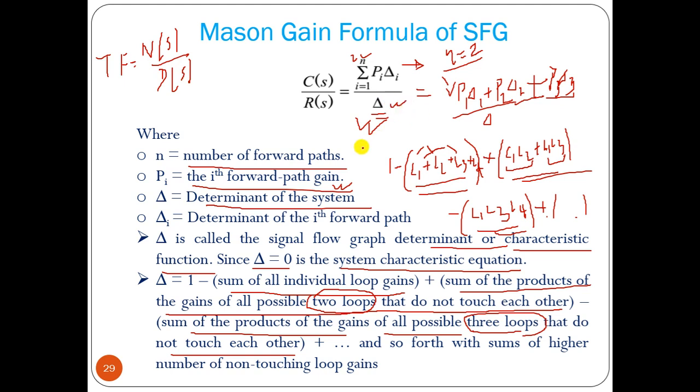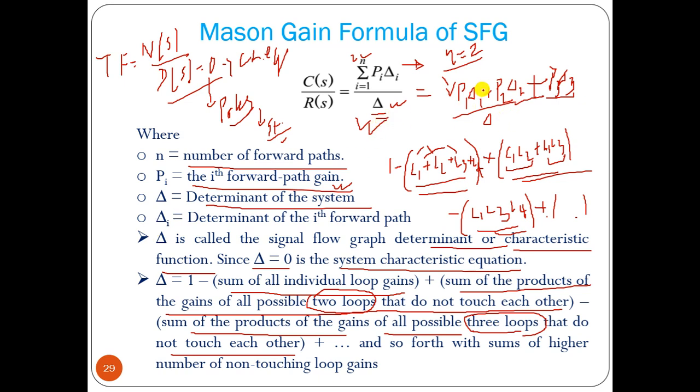If we put the denominator equal to 0, that is your characteristic equation. From that we can find the location of poles, and whether the system is stable or not for a linear system. So this is the logic of Mason's gain formula.